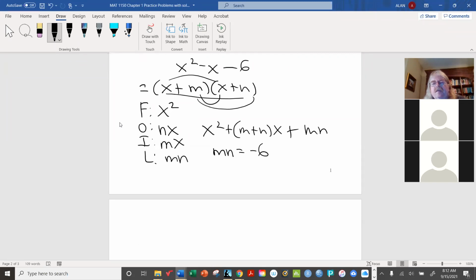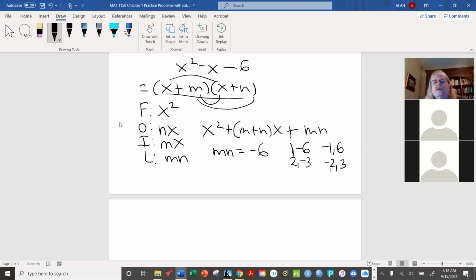Now, there's only a handful of values this could possibly be. For example, if you multiply 1 times negative 6, or 2 times negative 3, or negative 1 times 6, or negative 2 times 3, any one of those pairs will give us a product of negative 6.